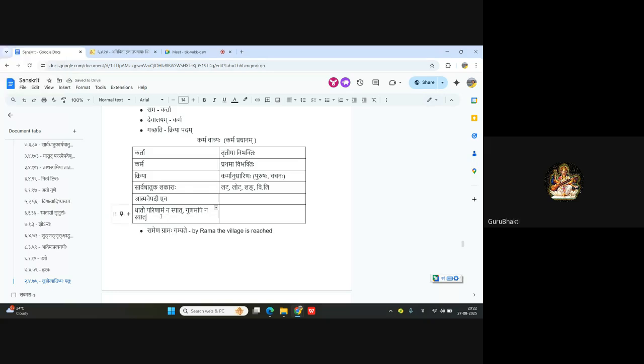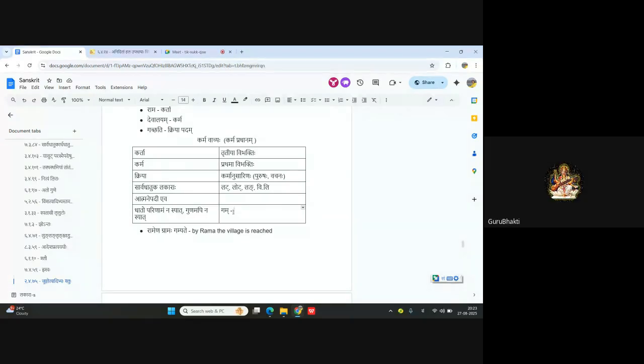In dhatus, there won't be any change. Gam dhatu is there. In Kartri Vachya, how have we changed this gam dhatu? Gaccha.